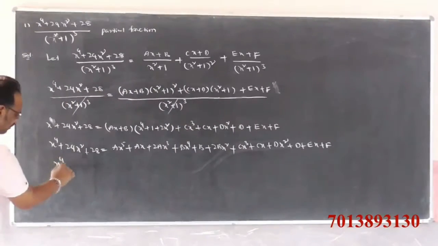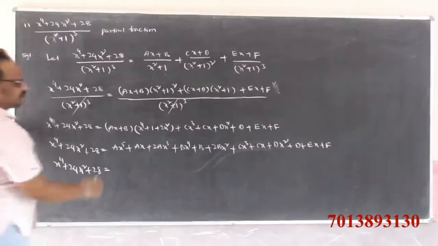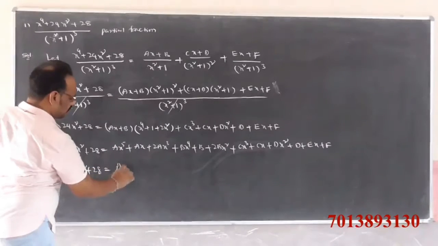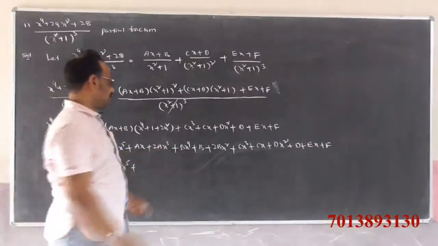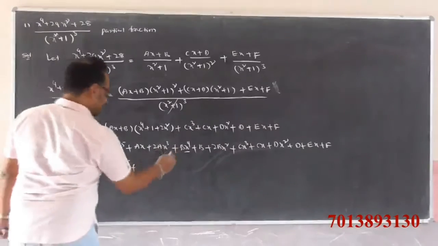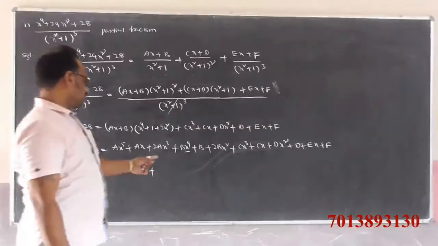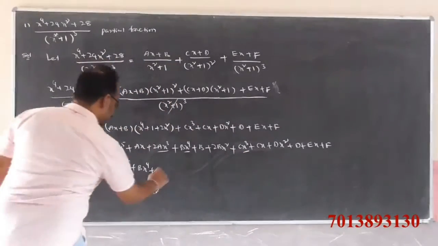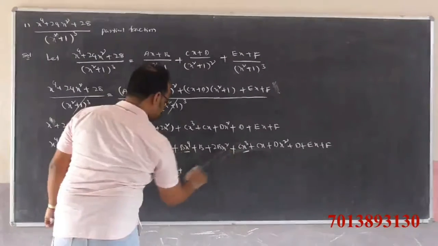Observe here, x^4 + 24x^2 + 28 is equal to. Here only 1 x^5 is there, so write ax^5. Plus, again we have only one, right, standard form, we get bx^4. Plus x^3 terms, 1, 2 is there, take x^3 as common, we get (2a + c).